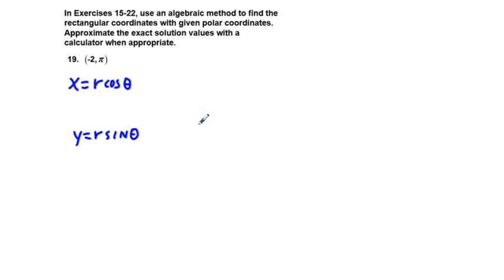Okay, so for this, we could do this mentally. So in this case, we have x equals r, and r is negative 2, times the cosine of pi. Cosine of pi is going to be negative 1.